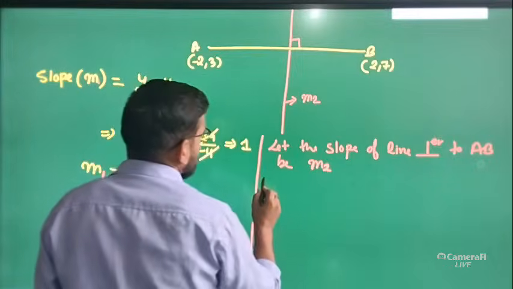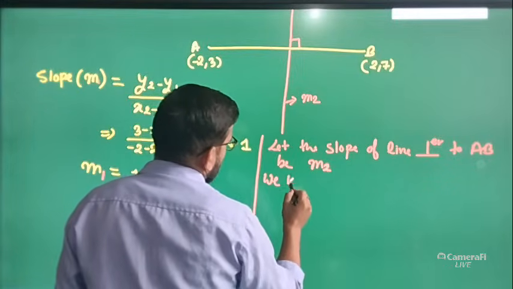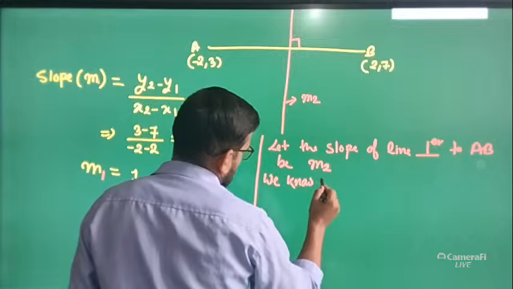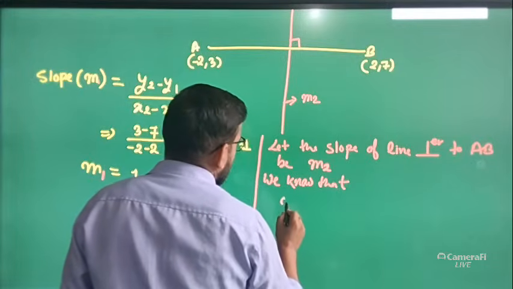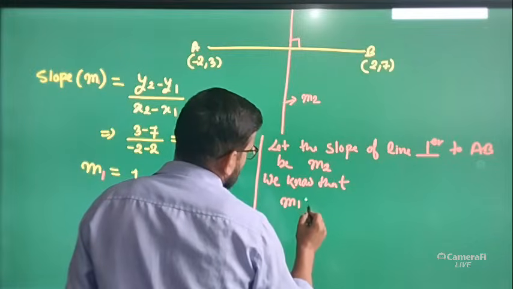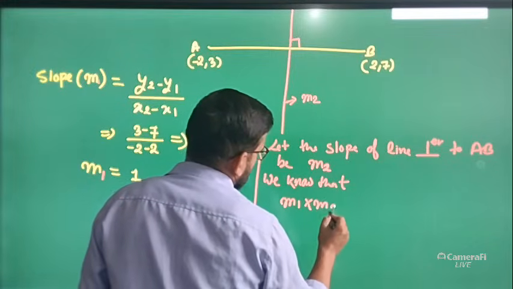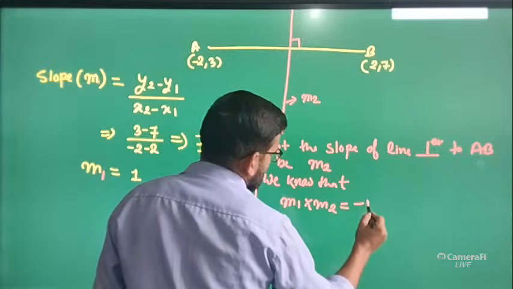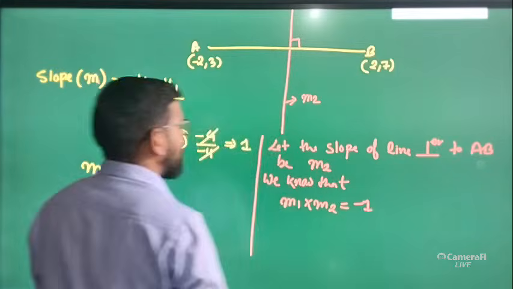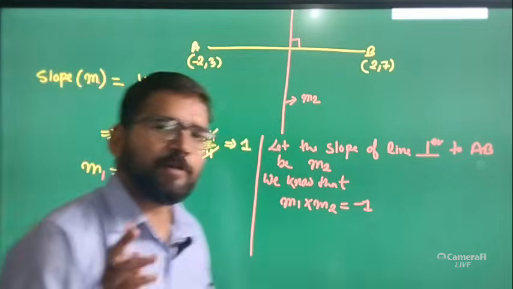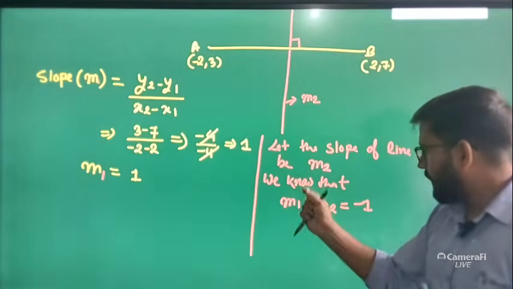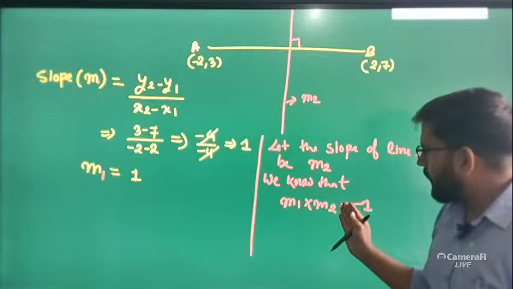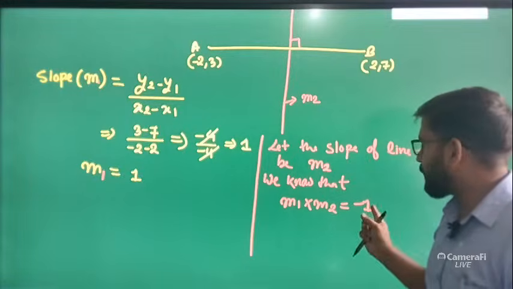So we know the condition: M1 into M2 is equal to minus 1. That is, the product of a line's slope and the slope of a perpendicular line is equal to minus 1.